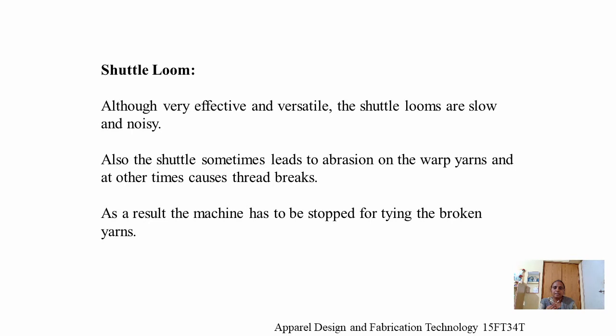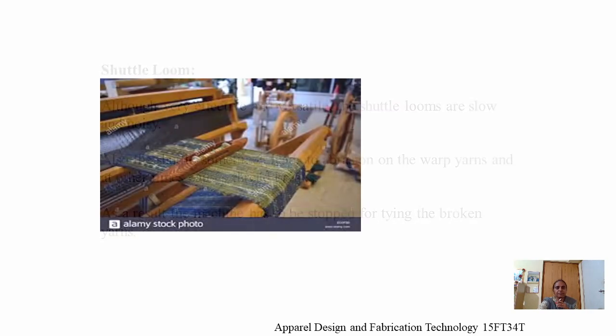So it is the drawback of the shuttle loom. The shuttle loom is very slow and produces noise. It takes abrasion to the warp yarns. As a result, if the breakage of the warp yarns is more, you have to stop the machine, tie those warp yarns and continue the process.